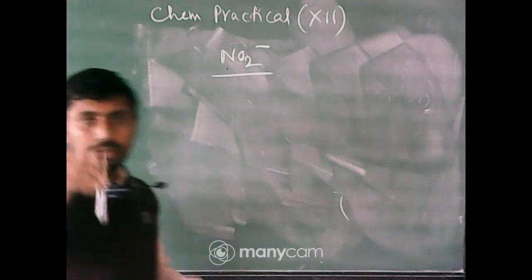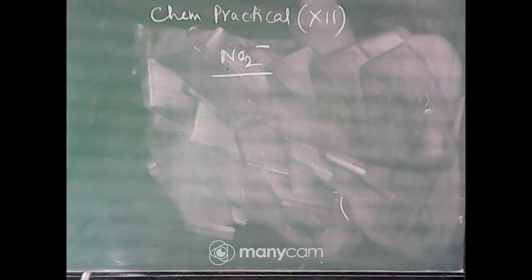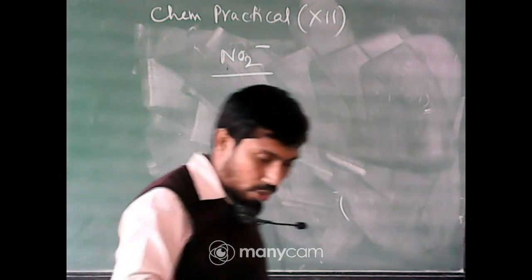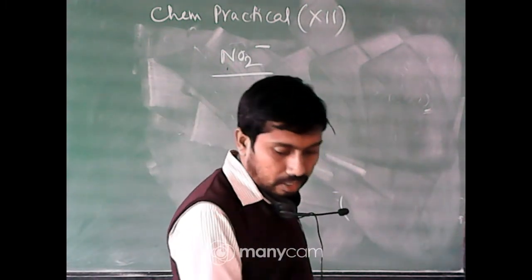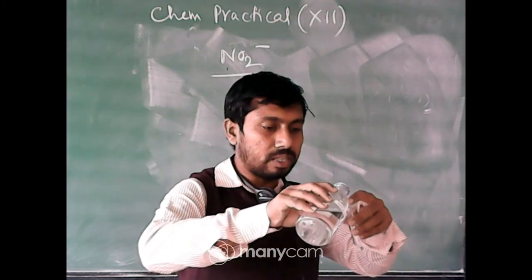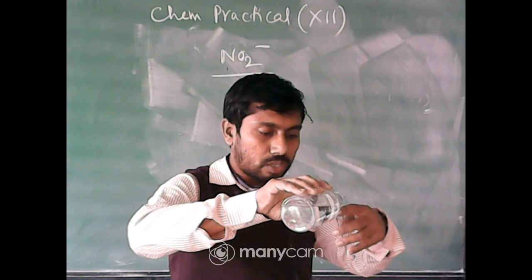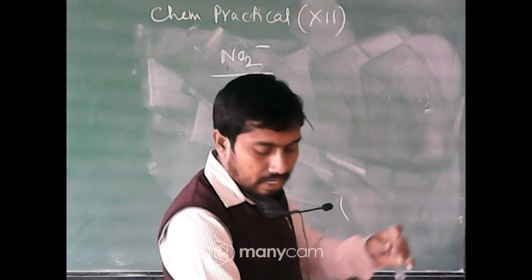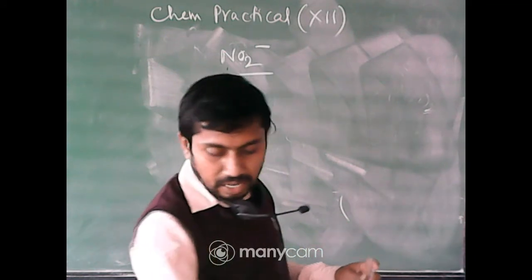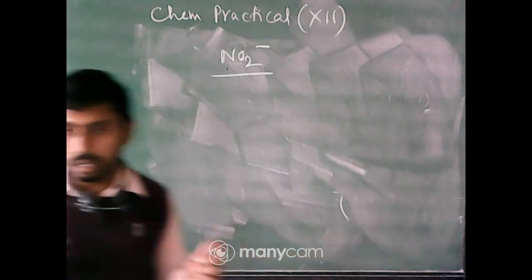Now for nitrite, we have to add ferrous sulfate here. Before that, some drops of acetic acid are added just to acidify, and then ferrous sulfate should be added.